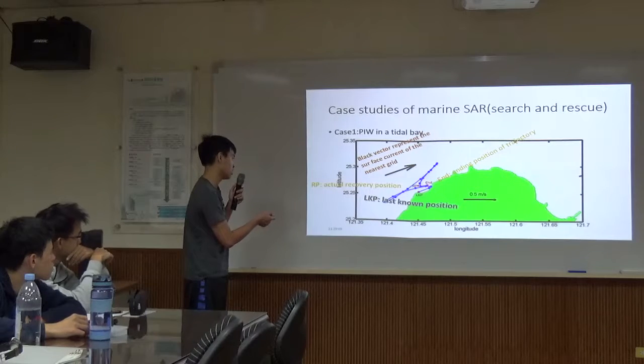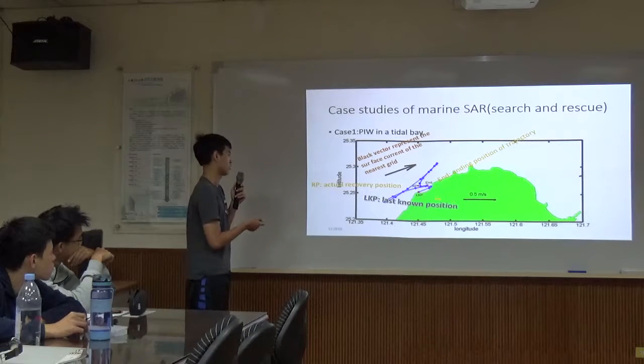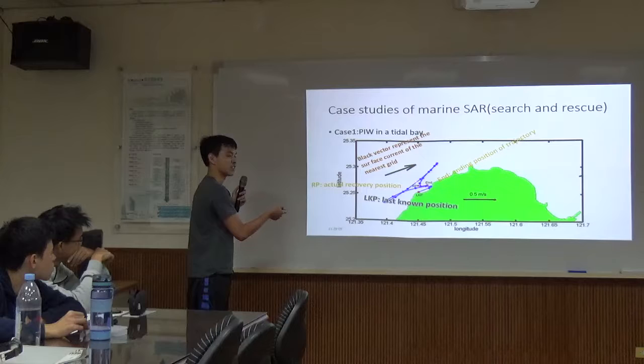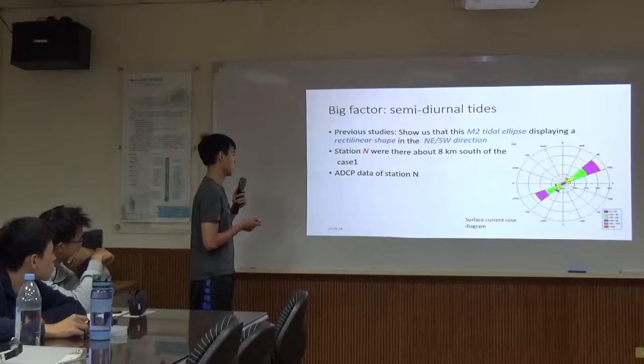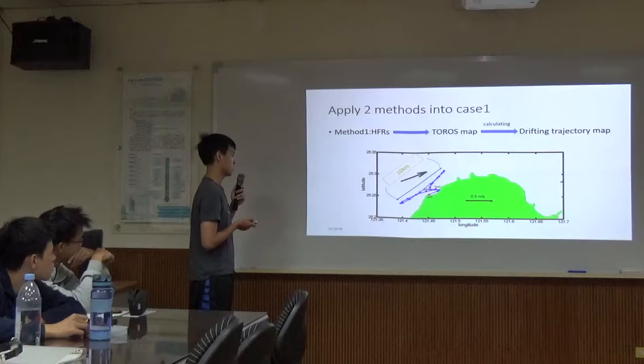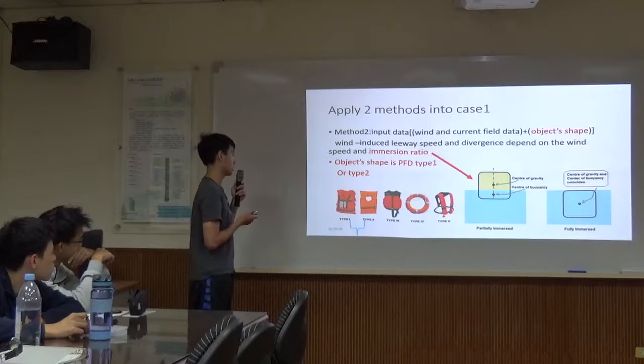So we go here and the range is smaller than the range of rescue. So we found the man here. So this is the successful case. And the other one was too late, so he died.